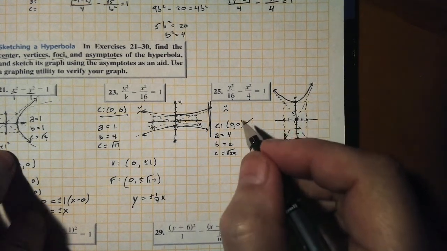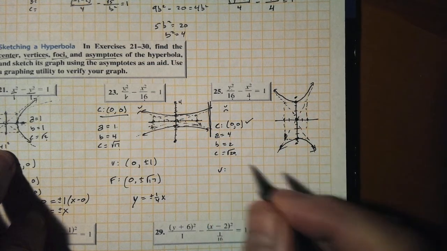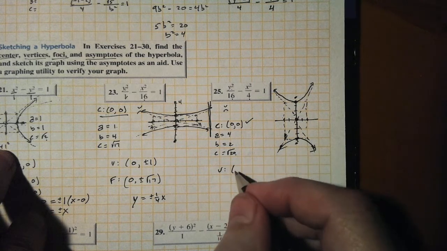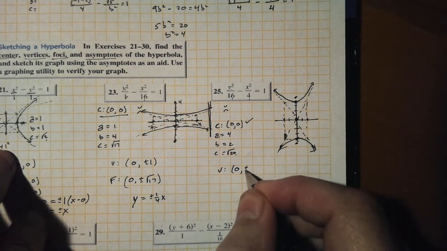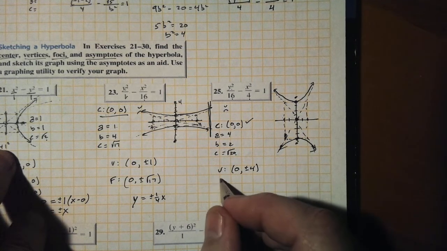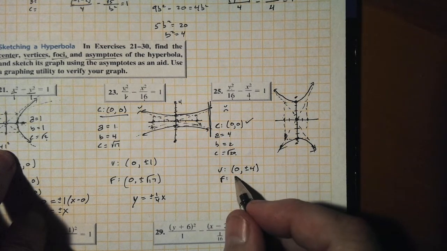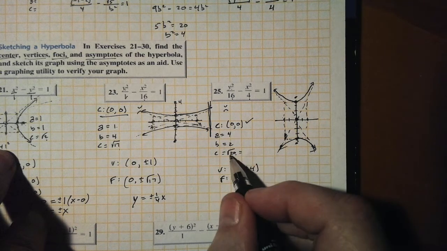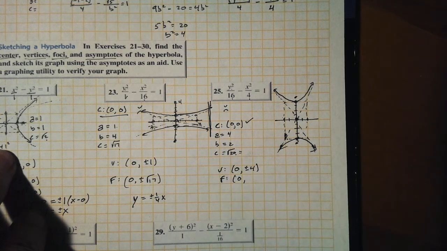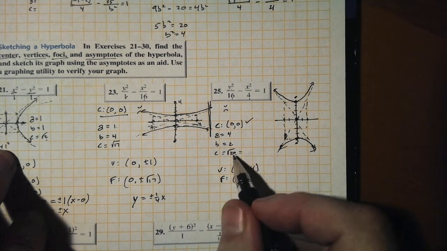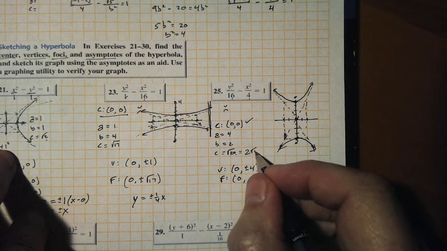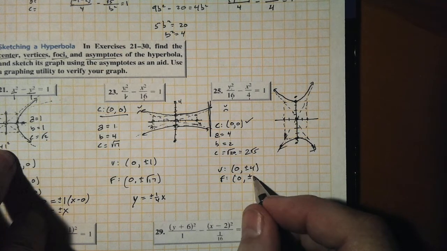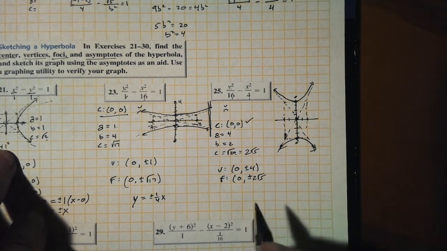So we've got our center. Our vertices are up 4, down 4. Not right or left, but they are up and down. Our foci are not right or left either. Here's why I'm going to go ahead and simplify this, because I have a final answer. That's 2 square root of 5. We're up square root of 20, down square root of 20, or up and down 2 square root of 5.